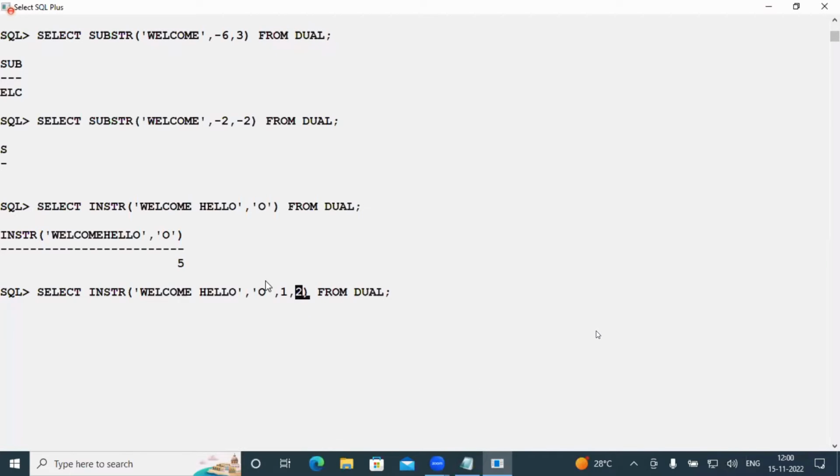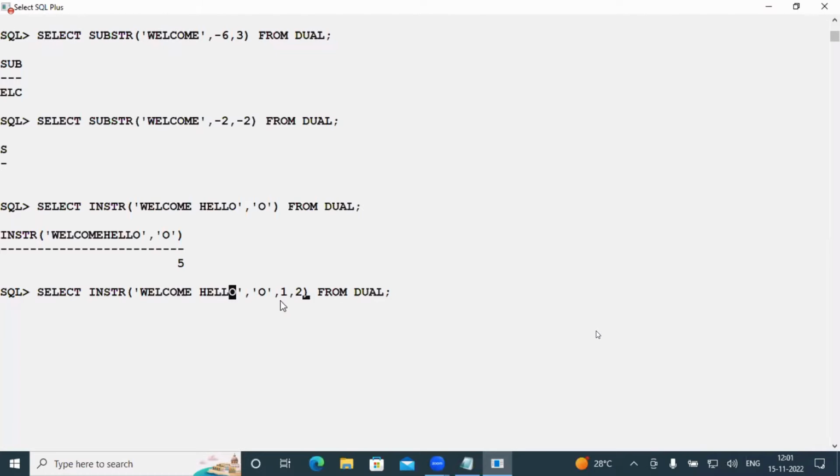Second occurrence of O, its position, how much, that I need to find out. Understanding now? Second occurrence of O position, how much in this string expression?